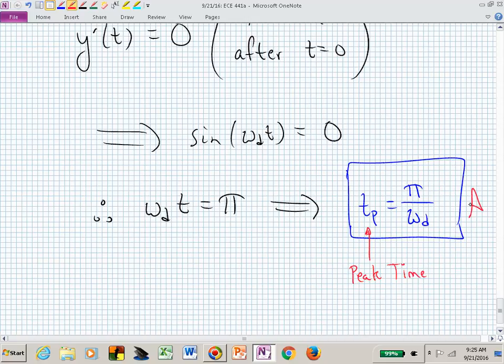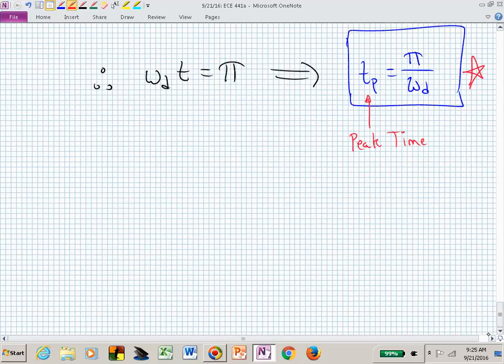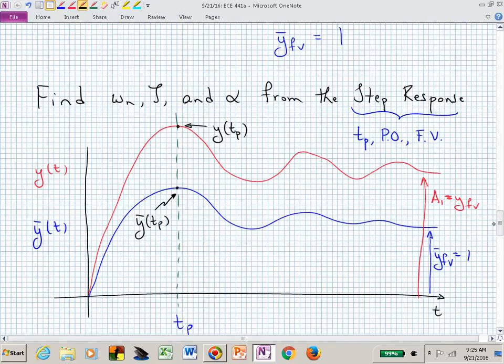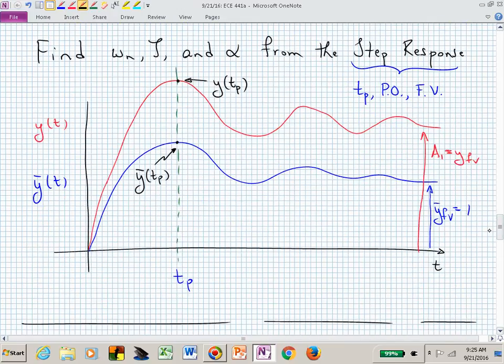And that's one of our key expressions. If you now looked at, in the lab, your transient behavior, what are you going to identify? The peak time or omega sub d? If you get this measured data, this red curve, what can you experimentally find? The peak time. So now we really need to just rewrite that equation in terms of omega sub d equals something in terms of time peak.